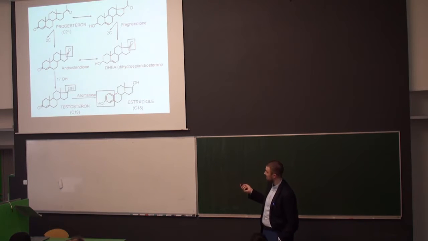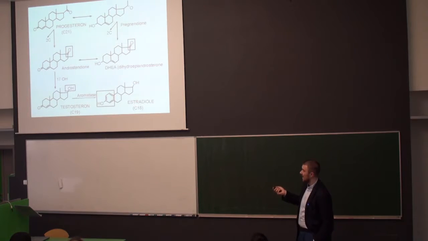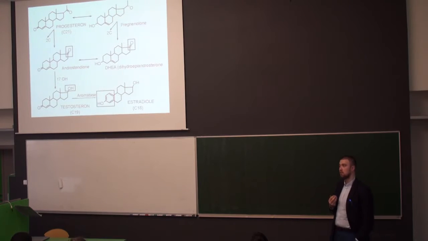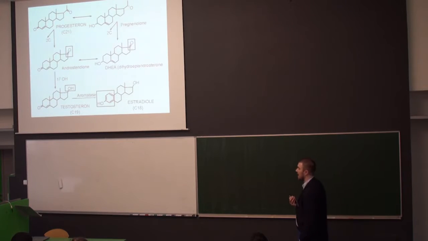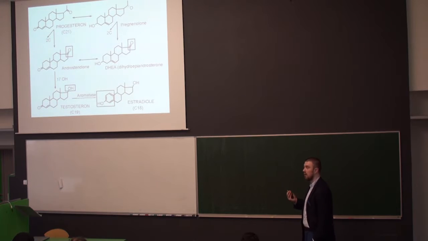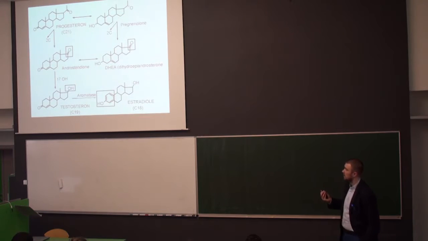If we look at the last group, that means the estrogens. The estrogens have 18 carbon atoms, and the enzyme producing them is quite a unique enzyme in human metabolism, called aromatase. As you see, the aromatase does quite many things at one moment, but what we can say is that here you lose the methyl group, you produce here the aromatic ring, and here you have the hydroxy group.